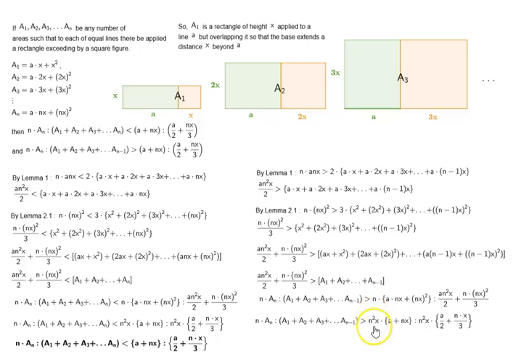So when we take it out, it becomes n square x times a plus nx is to, here again, n square x is common. So we take it out and we get n square x times a by 2 plus nx by 3, which means they get cancelled out. So we have n times an is to the sum of all the areas except the last one is greater than a plus nx is to a by 2 plus nx by 3.